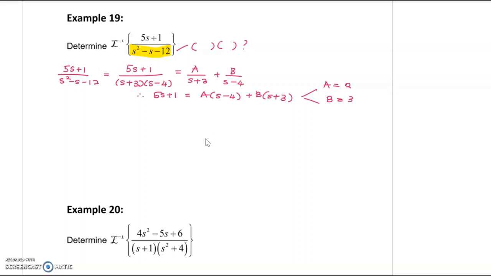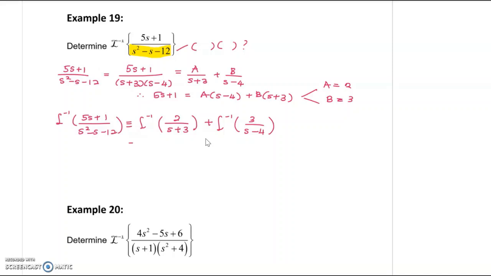Now the inverse that we want to find, 5s plus 1 over s squared minus s minus 12, is equivalent to the inverse of A, which is 2 over s plus 3, plus the inverse of B, which is 3 over s minus 4.